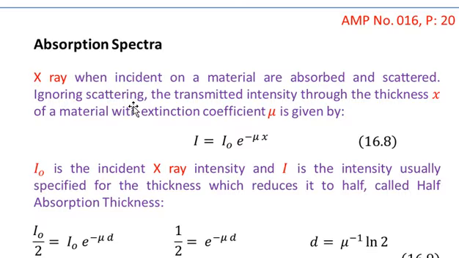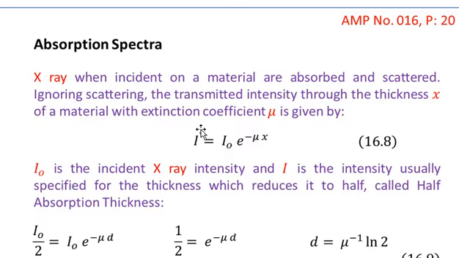So ignoring the scattering, the transmitted intensity through the thickness x of a material with extinction coefficient mu is given by I equals I naught e to the power minus mu x. Here I am talking about a material of thickness x, and the extinction coefficient of the material is mu. I naught is the initial intensity of the X-rays entering the sample, that is, when x is equal to 0, the intensity of the X-rays entering the sample will be I naught.